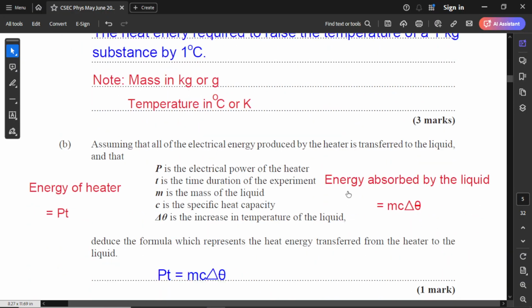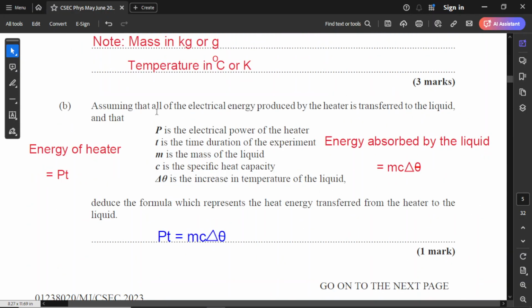All right. Now, for part B, it's assuming that all of the electrical energy produced by the heater is transferred to the liquid, and that P is the electrical power of the heater, t is the time duration for the experiment, and m is the mass of the liquid. c is the specific heat capacity, and we have delta theta, which is the increase in temperature of the liquid.